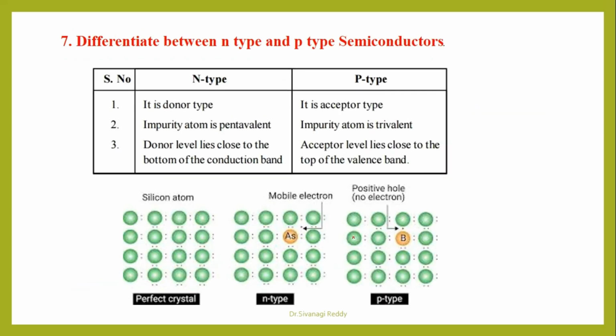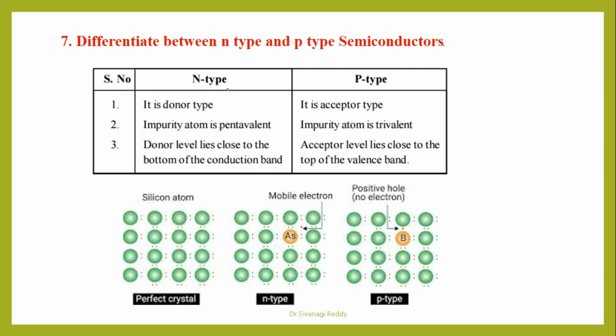Then we will go for the difference between N-type and P-type semiconductors. An N-type semiconductor is a donor type. A P-type semiconductor is an acceptor type. If we take a pure semiconductor and dope it with a pentavalent impurity, we will get an N-type, which stands for an excess of electrons.